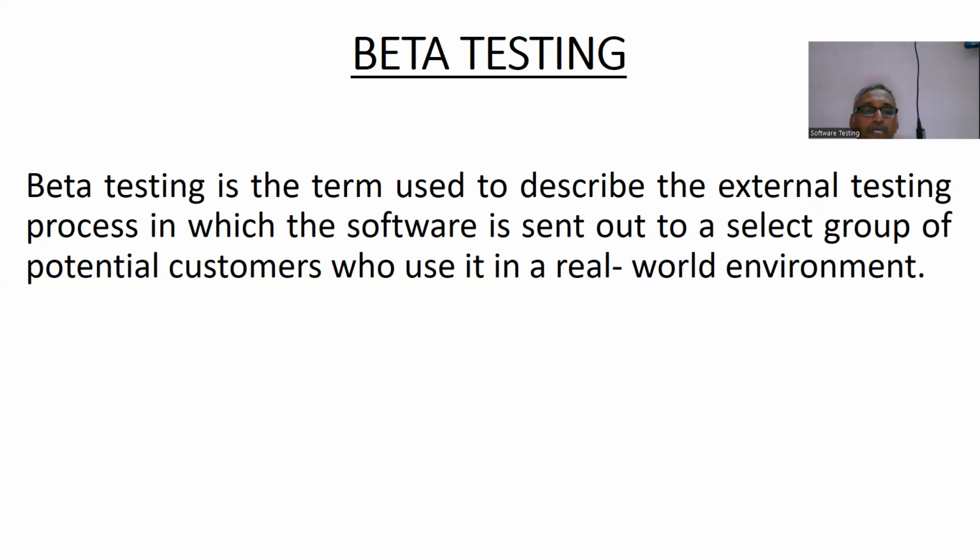Another common method for having others verify and validate the software is a process called beta testing. Beta testing is the term used to describe the external testing process in which the software is sent out to a select group of potential customers who use it in a real world environment.